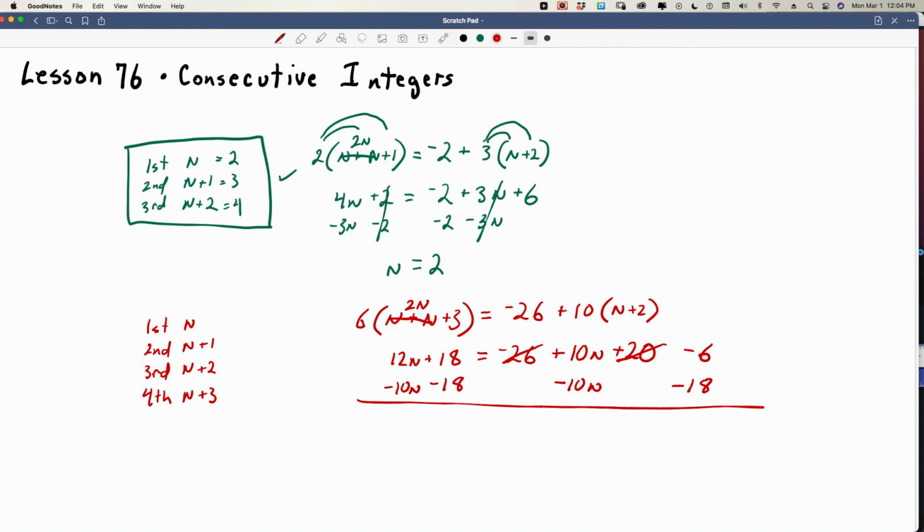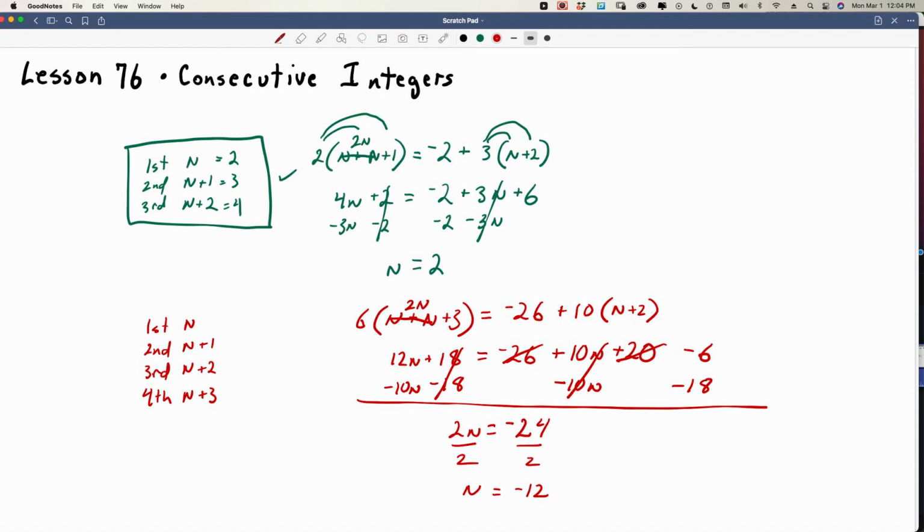And we're going to draw our line, and then that leaves us with 2n equals, this cancels, negative 6 and negative 18 becomes negative 24. Don't freak out if it's a negative. If it's a negative, it's a negative. We have negatives as integers, so it's perfectly fine. So now we need to divide, and we divide by 2 on both sides. n is going to equal negative 12.